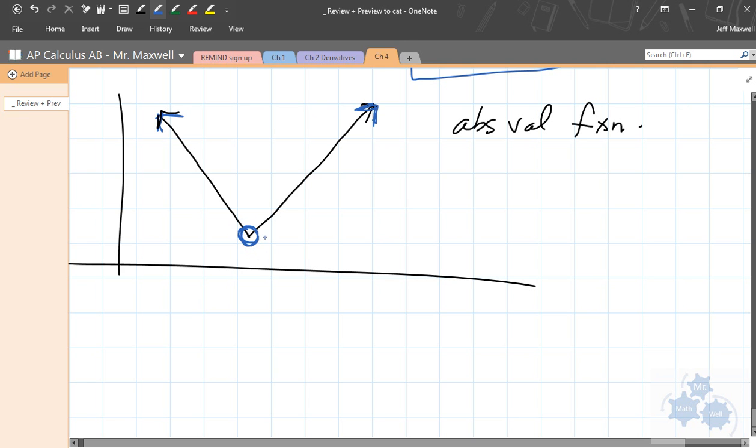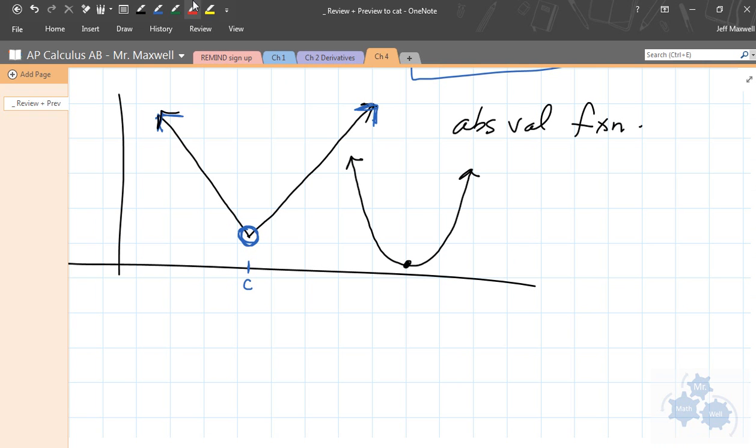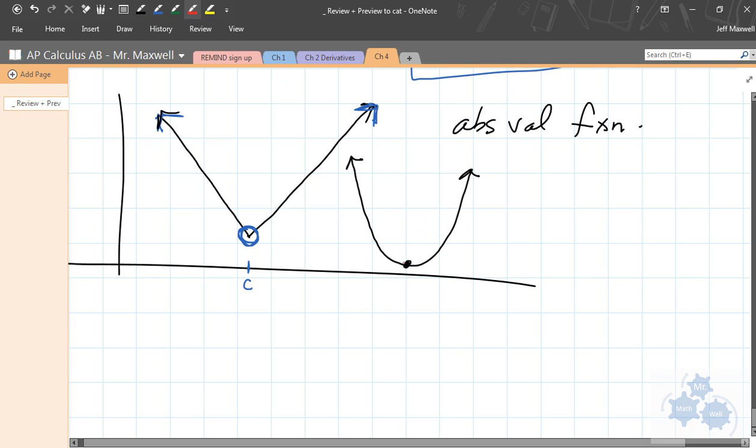But the thing is that the derivative at this point, we'll name it C, is undefined. It doesn't exist. If I overlay here a parabola, remember how we found limits.